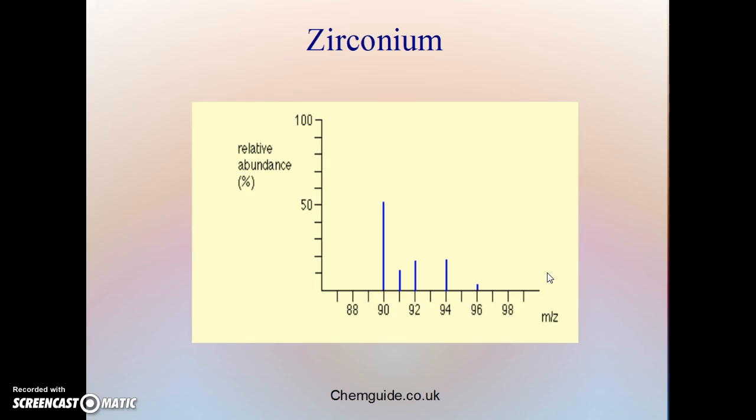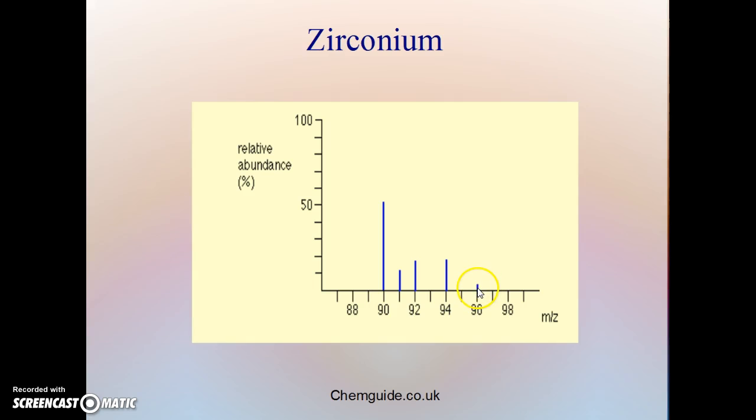You can look at zirconium and see the same kind of thing. Obviously, the 90 isotope is in the highest abundance, and the 94 is just slightly ahead of the 92. But here you have 5 calculations to do, and I would strongly suggest that you do those estimations.